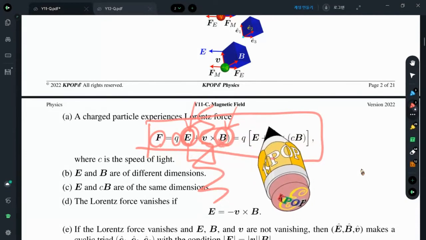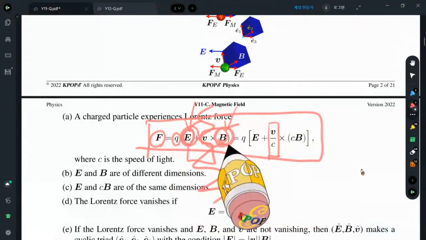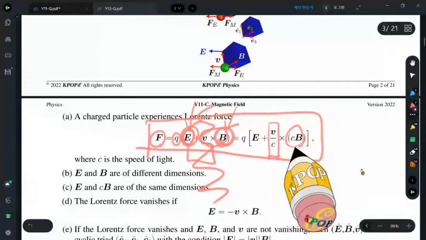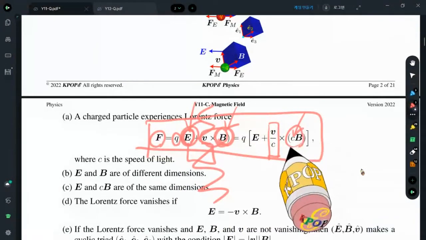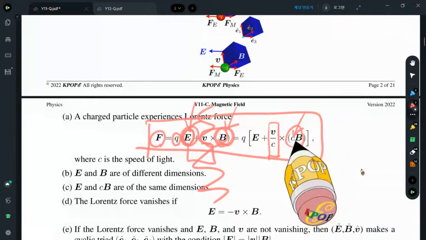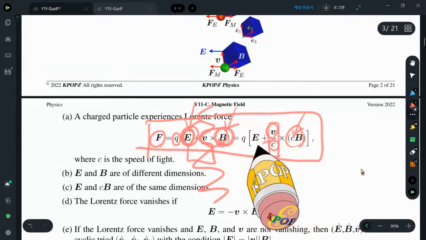So our modern form of expressing the magnetic field is not B, but CB. If I multiply the speed of light to the magnetic field, then I have to divide the velocity by the speed of light.